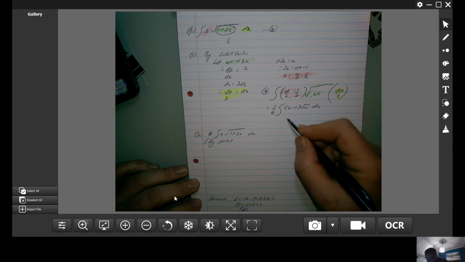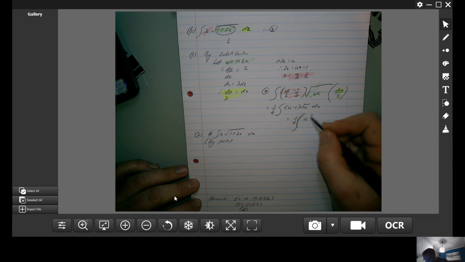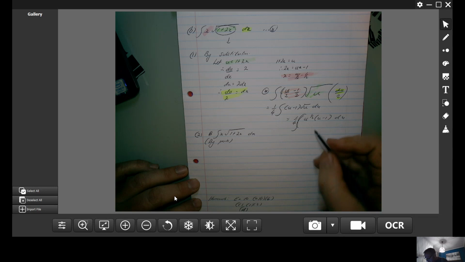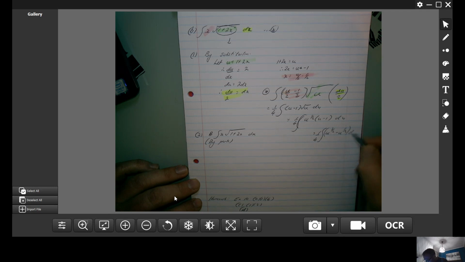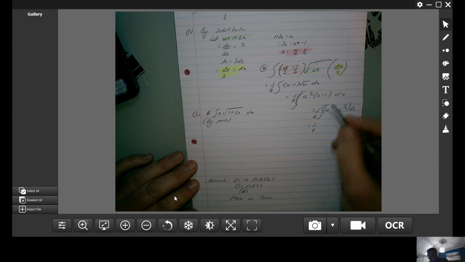The root of u is u to the half, times u minus 1 with respect to u, which is going to be a quarter times the integral. You multiply powers, add the exponents. A half plus 1 is 3 over 2. So u to the 3 over 2 minus u to the half with respect to u.